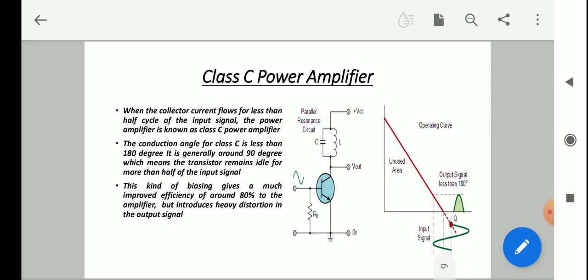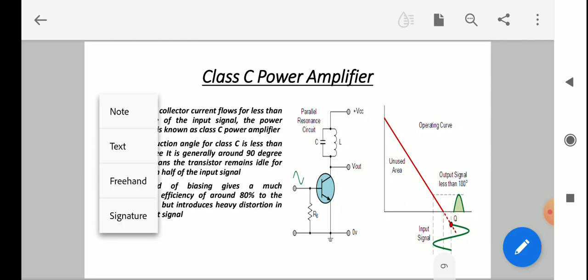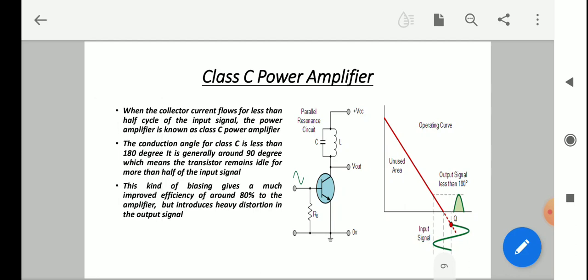When the collector current flows for less than half cycle of the input signal, that means the conduction angle for the class C amplifier lies between 0 and 180 degrees, most preferably around 90-degree phase angle, half of the half cycle. And the conduction angle for class C is less than 180 degrees.